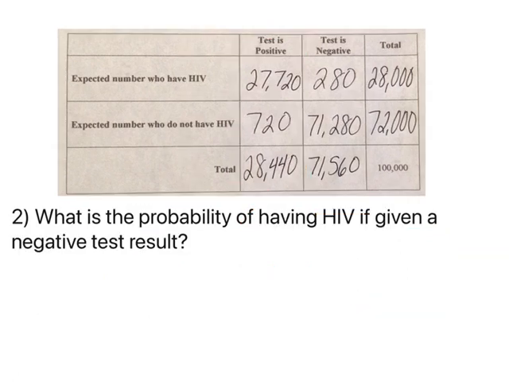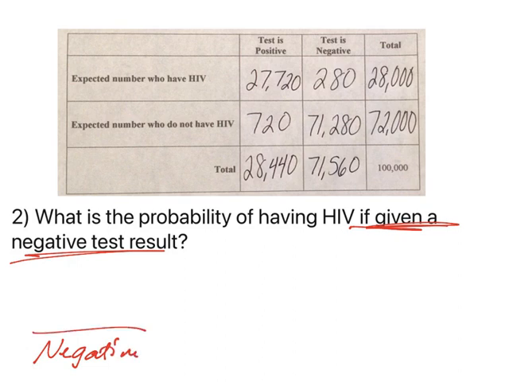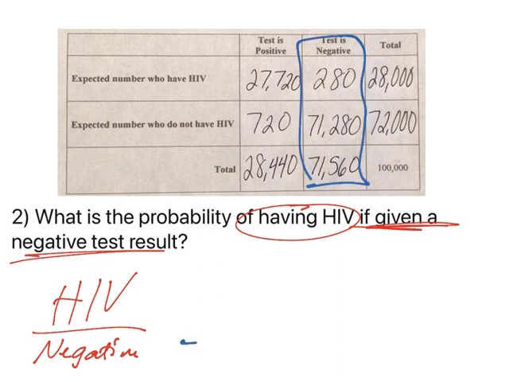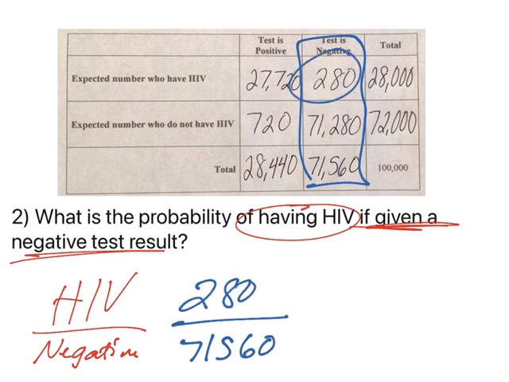Okay, next question. What is the probability of having HIV if given a negative test result? So now we're talking negative results and having HIV. Okay, we can dig this. So now we're looking at negatives. Total negative test is 71,560. Having HIV in that column, 280.